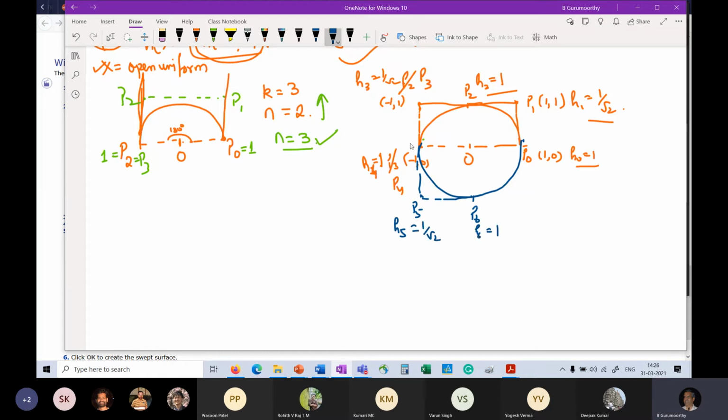So then again, I have 1/√2, 1, and therefore this will also represent an arc of a circle, which is drawn in blue here, right? And again, I have one more point here. I call this P7, and I call this P8, which is the same as P0. And I attach this weight here as 1/√2.